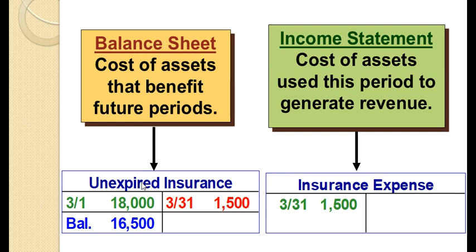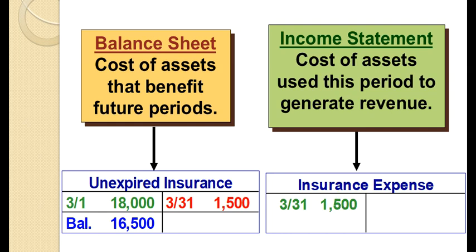You first purchased 18,000 and you make a transaction of 1,500, a credit to unexpired insurance, and you have a remaining balance of 16,500. In the income statement, the cost of the asset used this period to generate revenue is just 1 month of expense, so the insurance expense of 1,500 is going to be mentioned there.